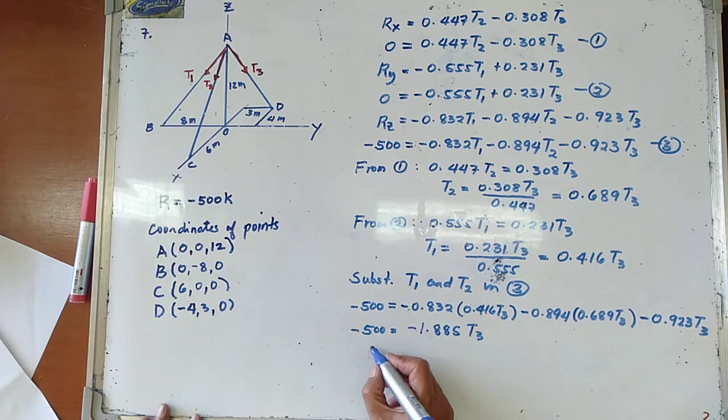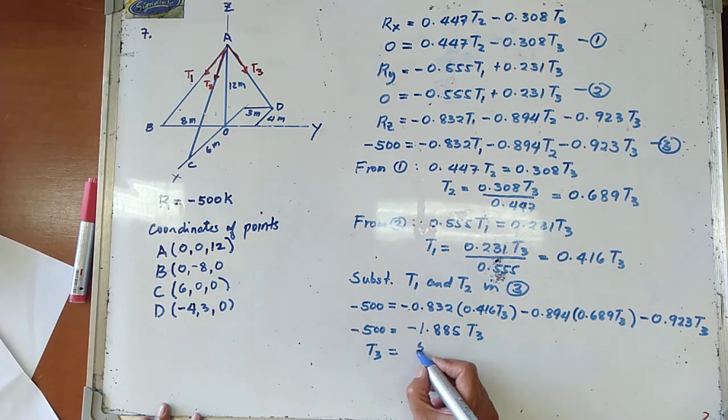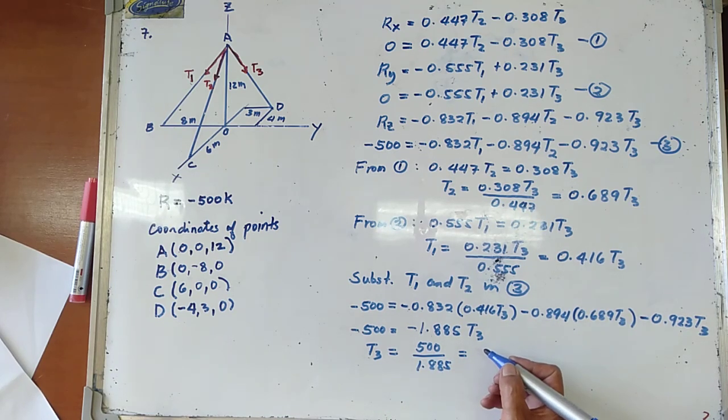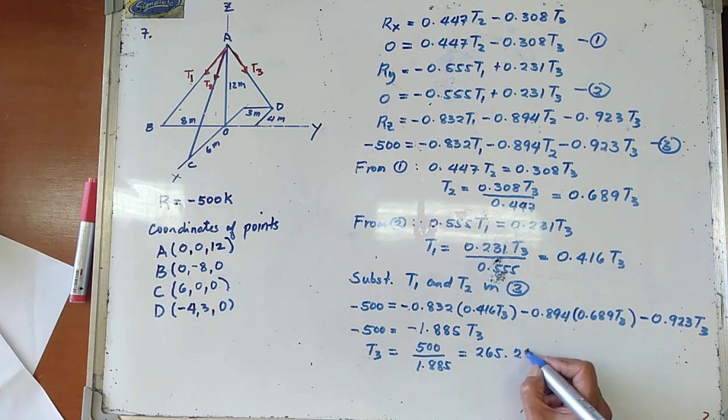So that your T sub 3, multiply both sides of the equation by negative, so we have positive 500 all over 1.885, and this one is equal to 265.24 newtons.